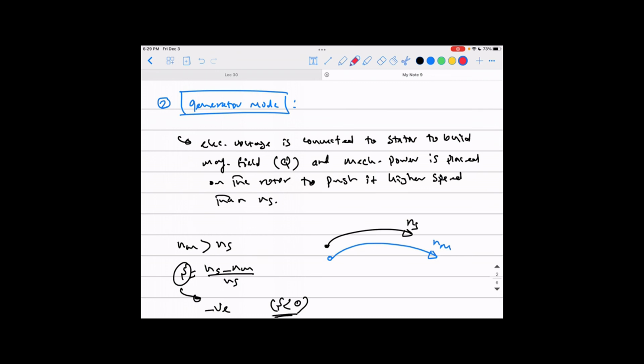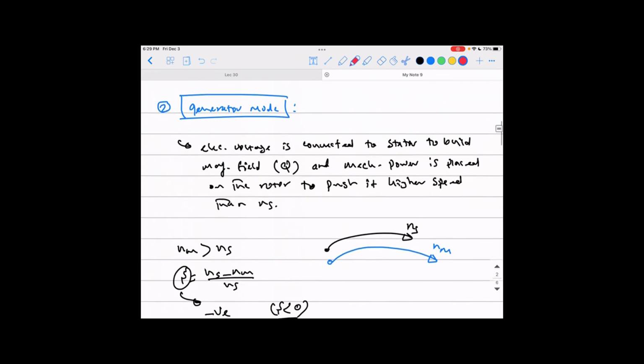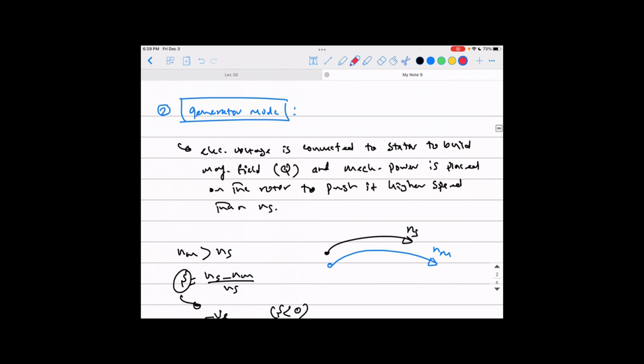But for the generator mode I mean here, we just have one voltage source applied to the stator and that's it. If you have another source applied to the rotor, now you have a totally different machine, which we call the doubly fed induction machine. It's not a regular induction machine, where you have just a voltage source on the stator and the rotor gets its voltage by induction from the stator.